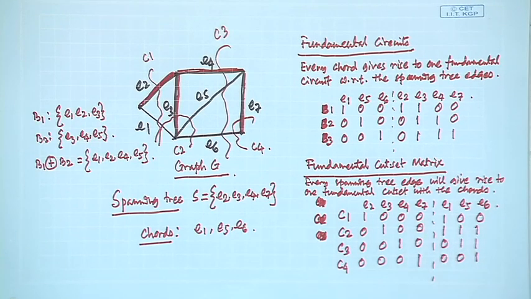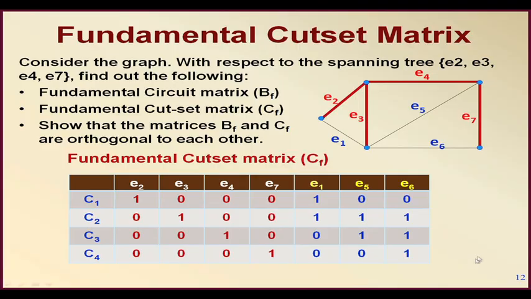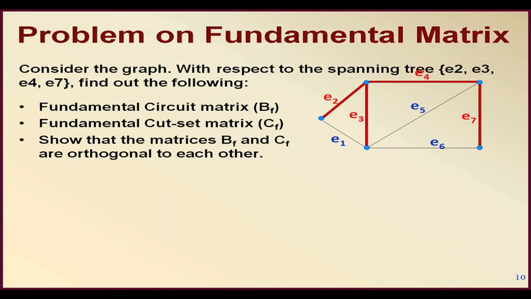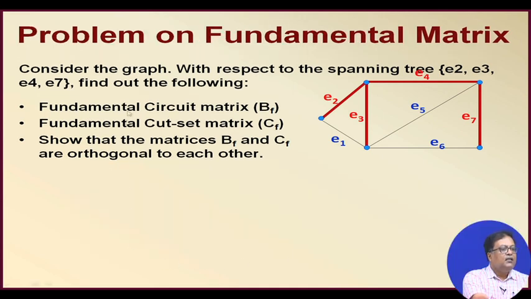So, you see we have now generated the fundamental cut set matrix. So, we have the fundamental circuit matrix and we have the fundamental cut set matrix. So, here you can look that we have made in the slide already this answer, and that is the fundamental cut set matrix, right.